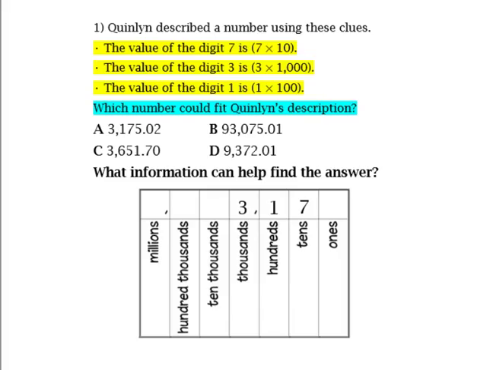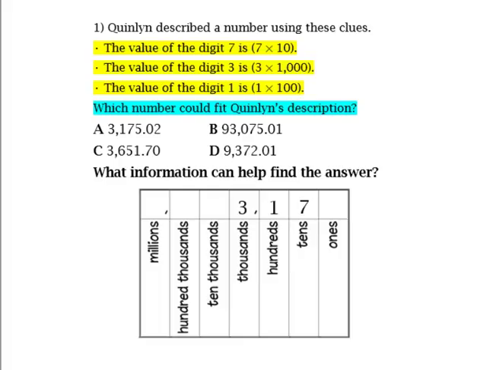What information could help find the answer? Based on our clues, for the digit 7, it's 7 times 10, so the 7 should be in the tens place. For the 3 times 1,000, the 3 should be in the thousands place. For digit 1, it's 1 times 100, and the 1 should be in the hundreds place.